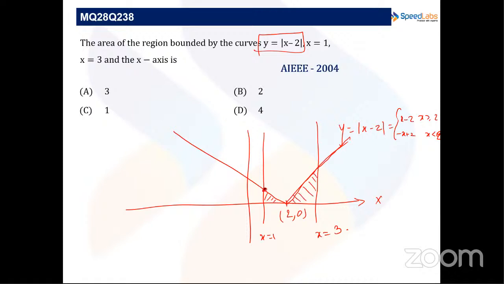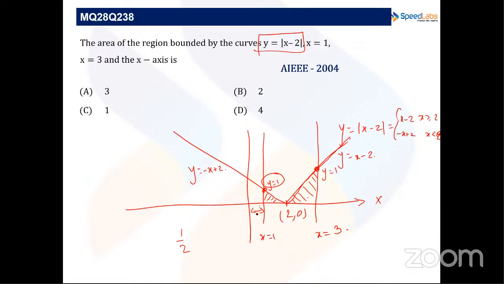So first of all, the equation of this line is y equals to minus x plus 2. If you will put x equals to 1 in here, so y will be equals to 1. And this equation is y equals to x minus 2. If you will put x equals to 3 in here, then y will be equals to 1. So we are having the total area will be equals to the area of this triangle plus area of this triangle.